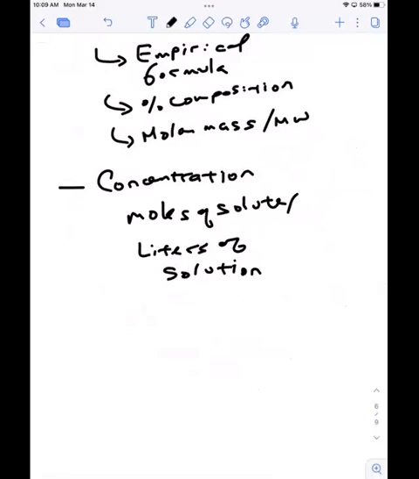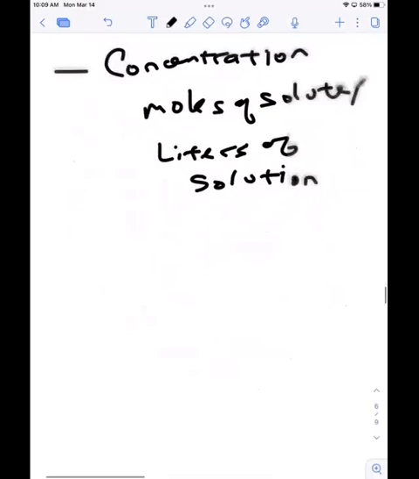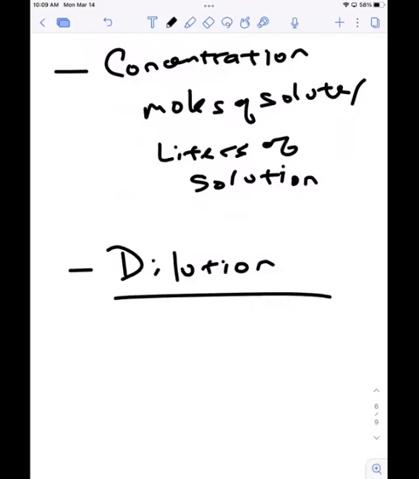So we did a lot of different manipulations with concentration as well. So the next step in the progression is dilution. And that's where you take a solution and dilute it to decrease the concentration.